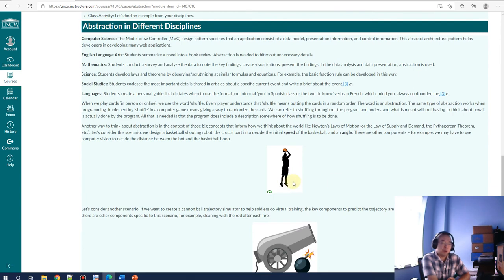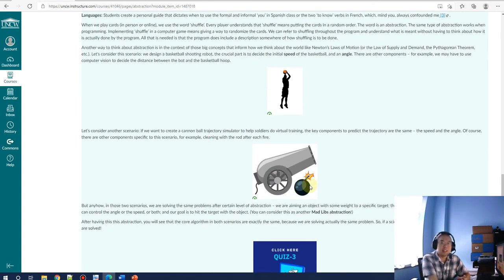And this is one of my favorites. I'm showing that no matter if you are shooting a basketball or firing a cannon, those two concepts belong to the same family of problems.